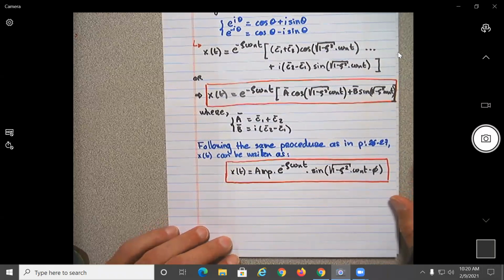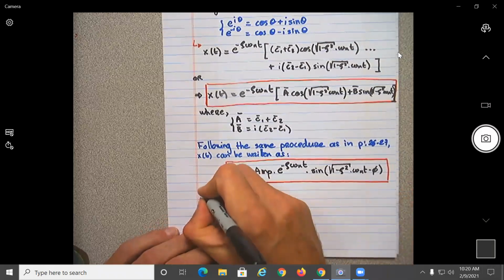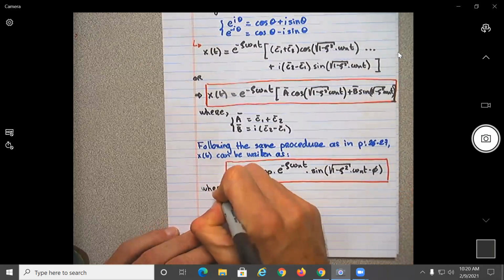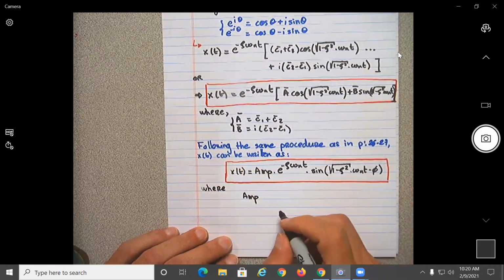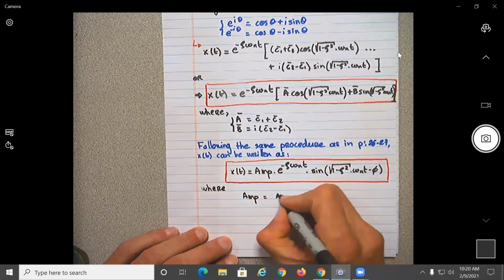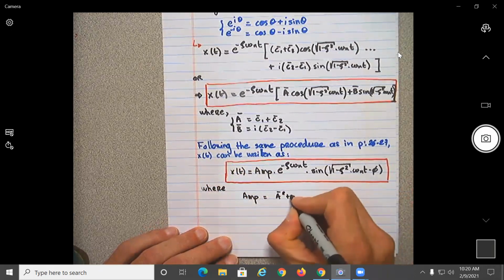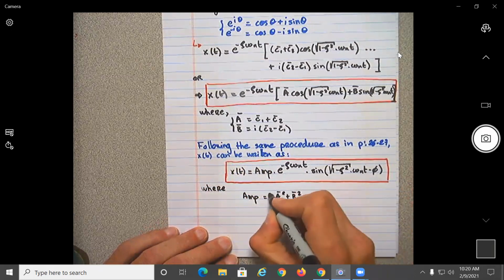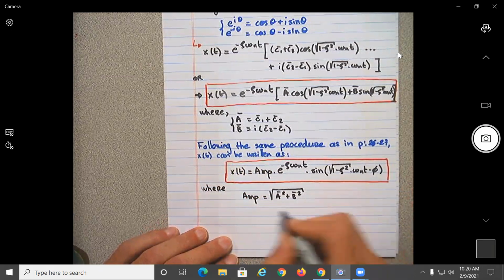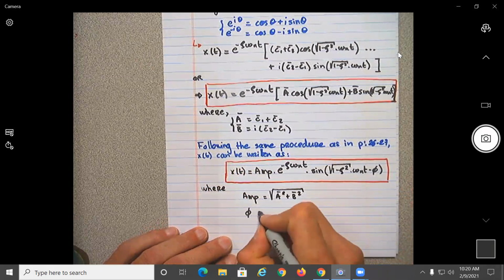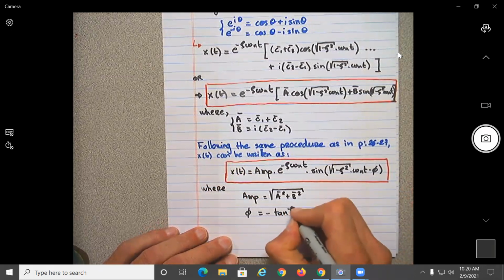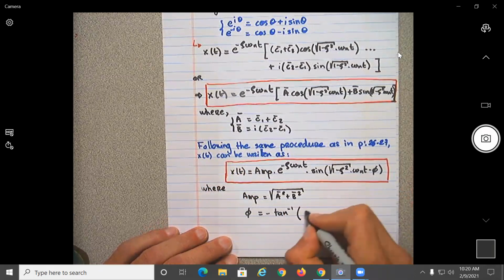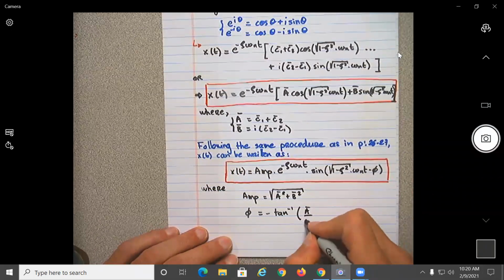Where, as before, the amplitude would just be equal to the square root of A bar squared plus B bar squared, and the phase angle will be equal to the negative of the inverse tangent of A bar over B bar.